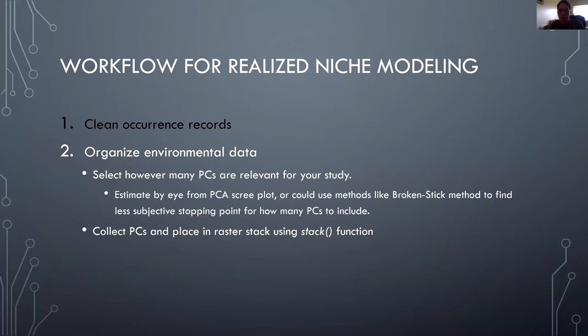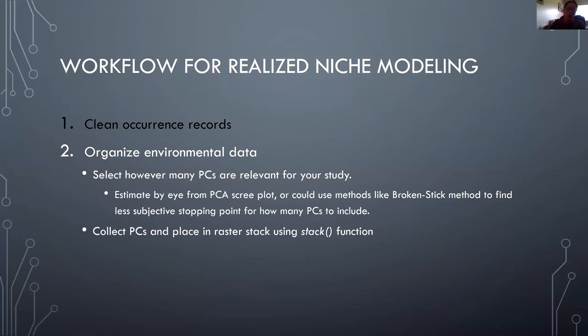You can estimate how many principal components to use by using a scree plot and eyeballing it. Or you can use a less subjective method, like the broken stick method, which relates the amount of variance explained within your principal components to what would be expected from a theoretical distribution, to get an idea of which ones are significant.